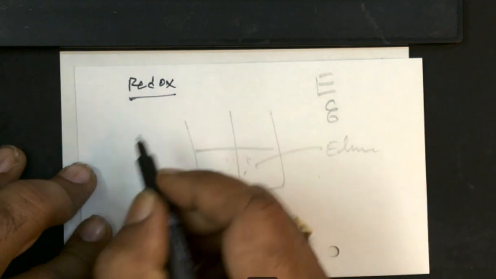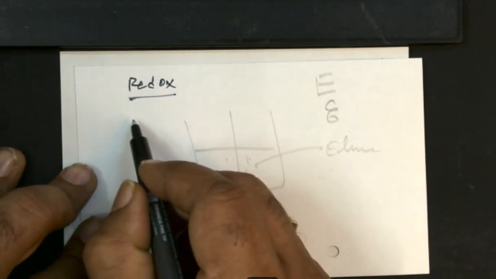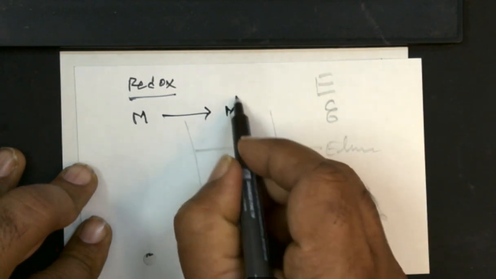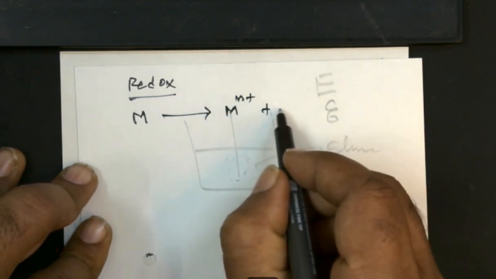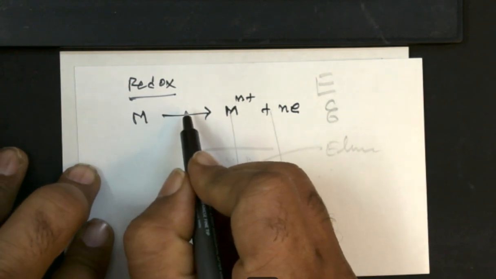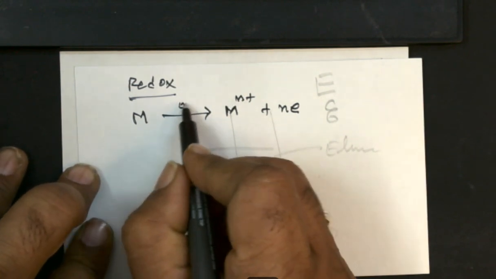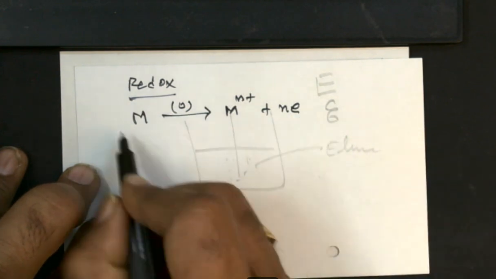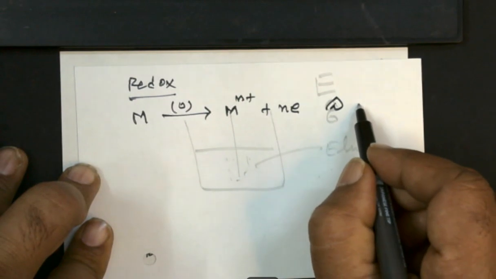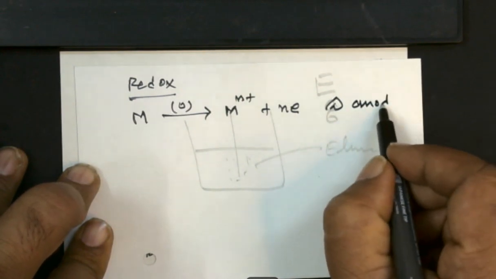Let me consider metal becomes M n plus by removing n number of electrons. So what is this reaction, oxidation or reduction? Oxidation. Why? Removal of electrons. And where does it take place? At anode. At anode oxidation takes place.